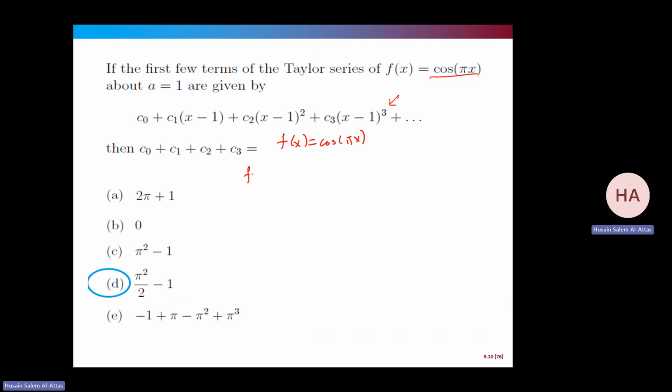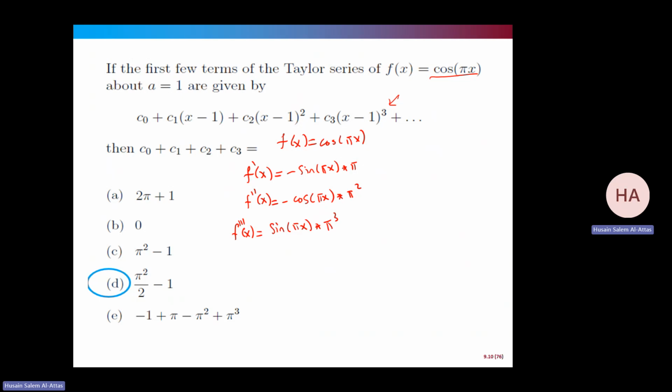What will be f prime? f prime will be minus sine of pi x. Don't forget times pi. f double prime will be minus cosine of pi x times pi squared. The third derivative will be sine of pi x times pi cubed.